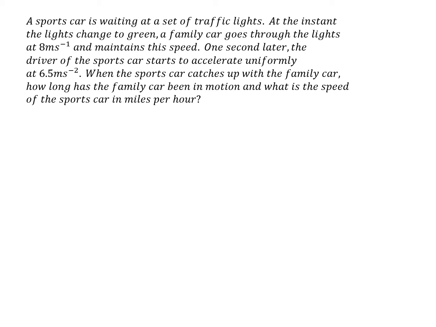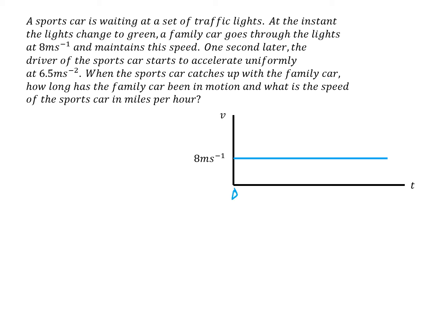So there's the question. The first thing I'm going to do is draw a diagram initially for the family car. So a VT graph, and there's the family car traveling at its constant 8 meters per second. And then 1 second after the family car starts, I'm taking this point here as t equals 0.